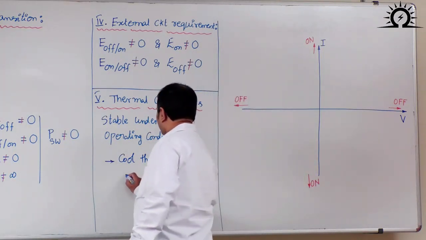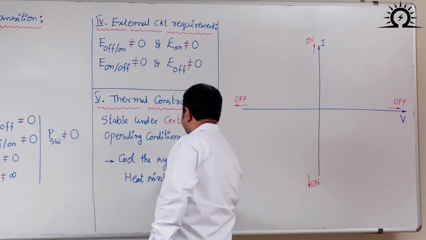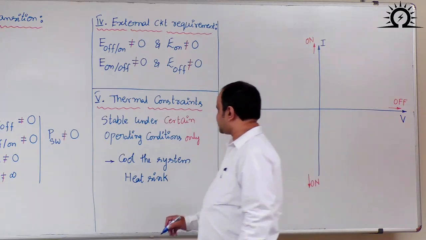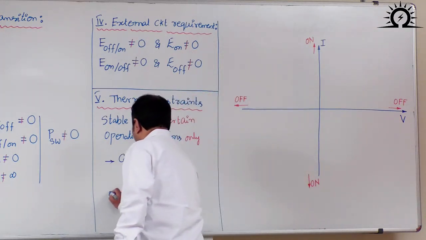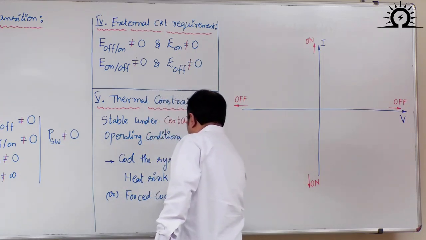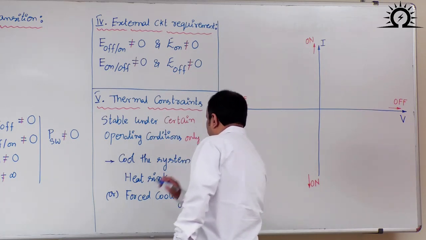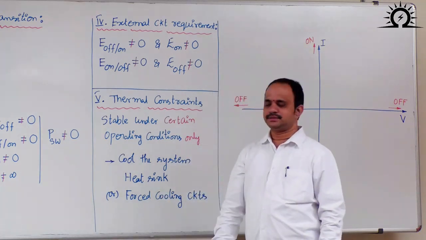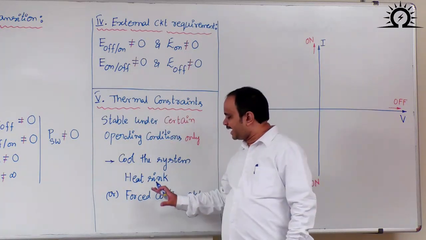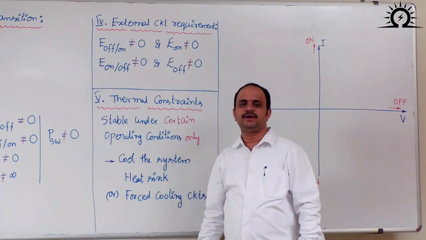That will be provided with the help of a heat sink, or sometimes with forced cooling circuits or forced cooling techniques. These are all different accessories associated with switch operation.